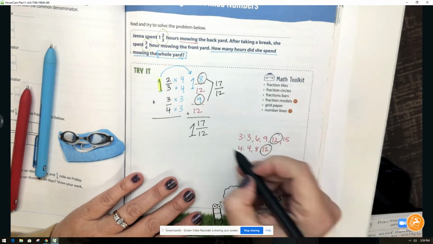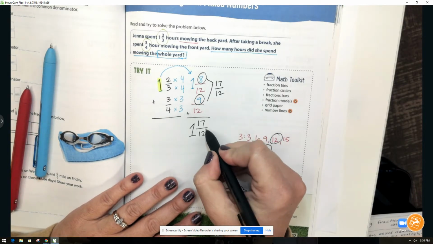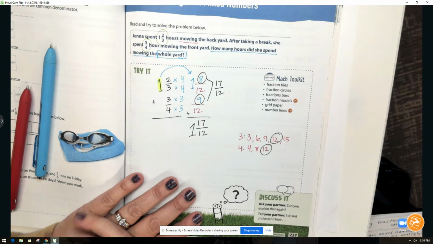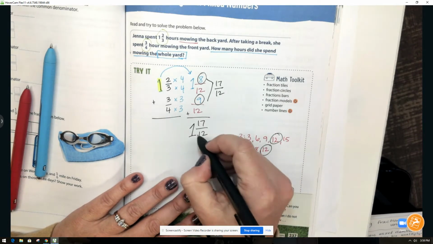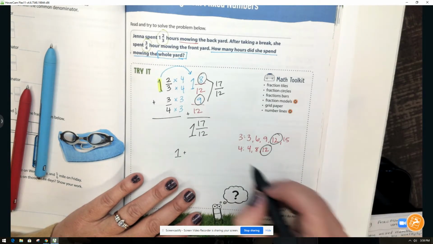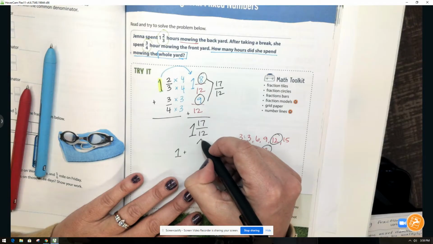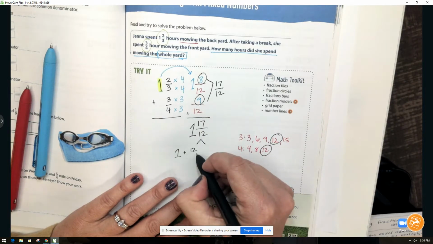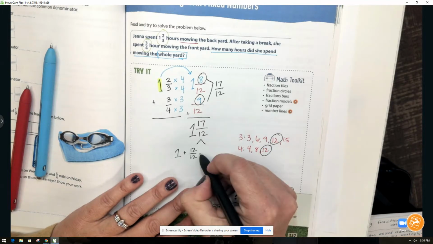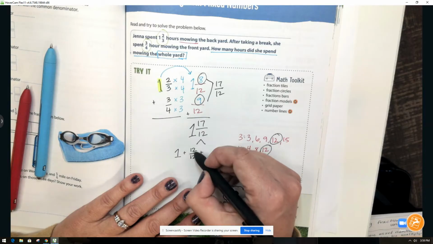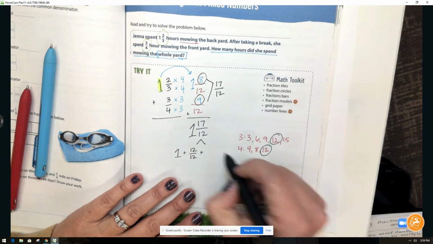So here, what we're going to do is we're going to say, I know that this 17 twelfths can be written another way. So we're going to keep the 1 whole here. And then we're going to add to it. We're going to take this 17 twelfths, and we're going to take 12 of those twelfths and separate it from the 17 twelfths.